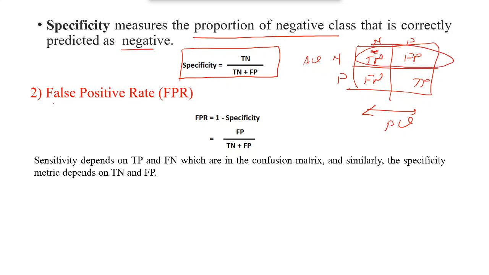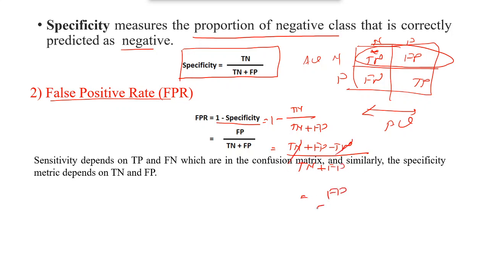If you calculate the FPR, the false positive rate, the formula is 1 minus specificity. The specificity formula is TN by TN plus FP. So if you calculate TN plus FP minus TN divided by TN plus FP, TN cancels.